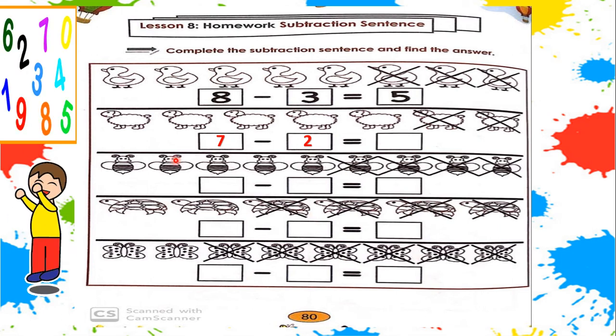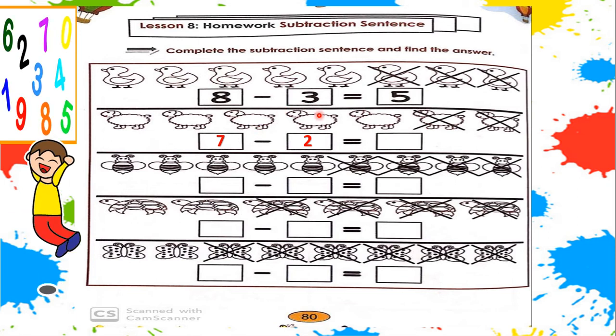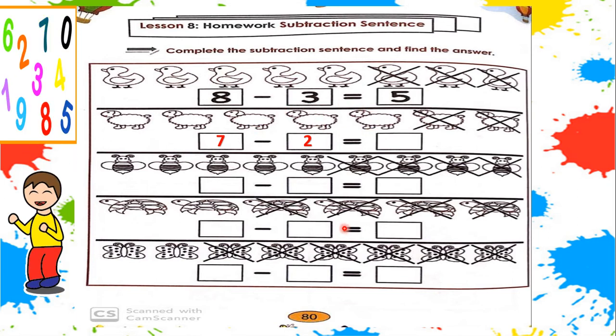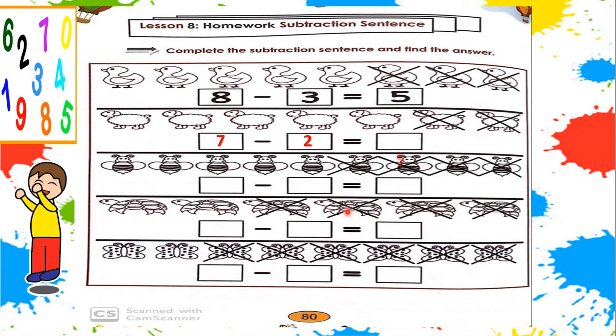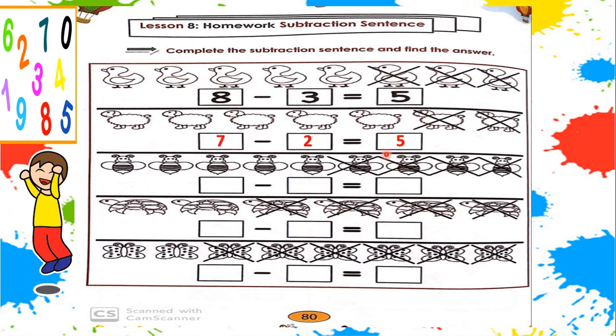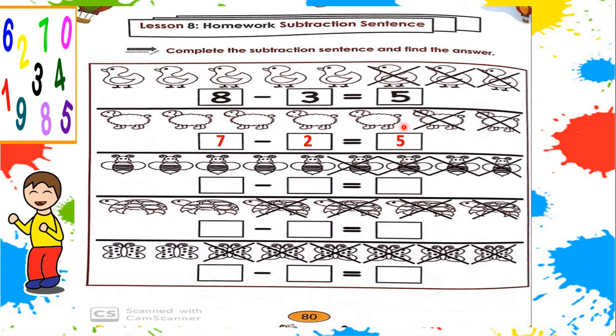Okay, let's count. 1, 2, 3, 4, 5. So 7 minus 2 equals 5. Okay, so 5 here is your answer.